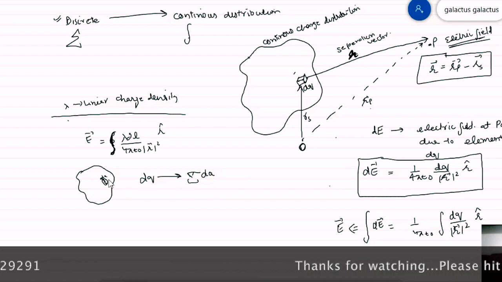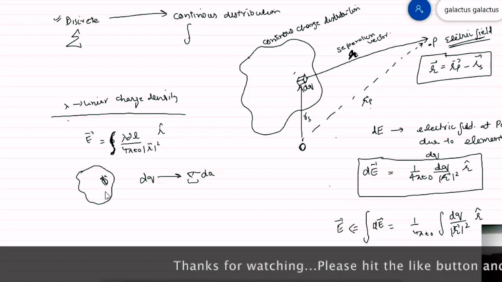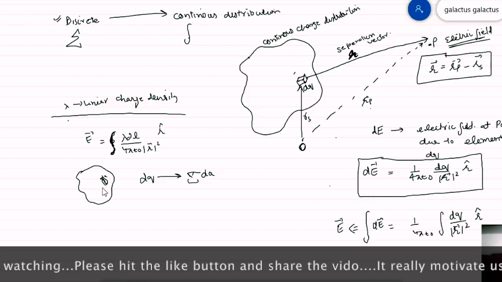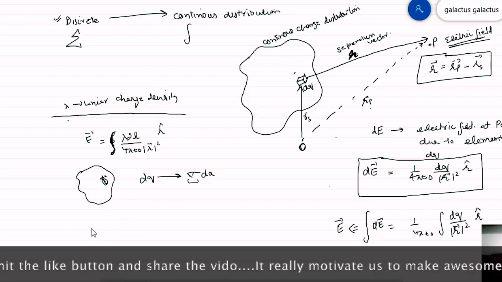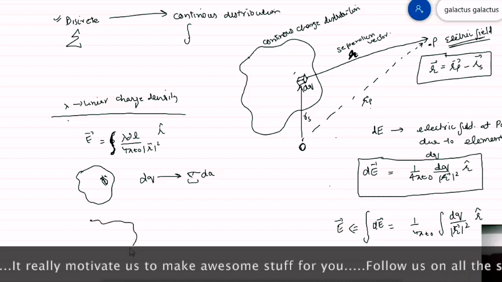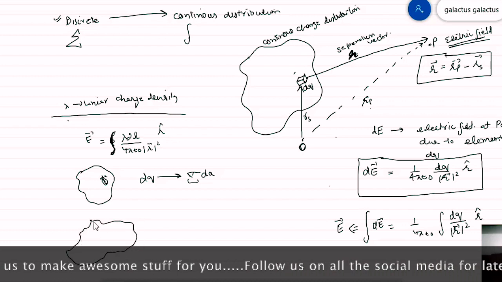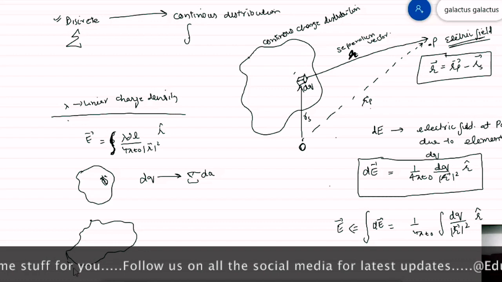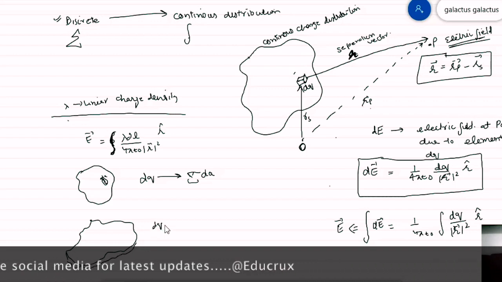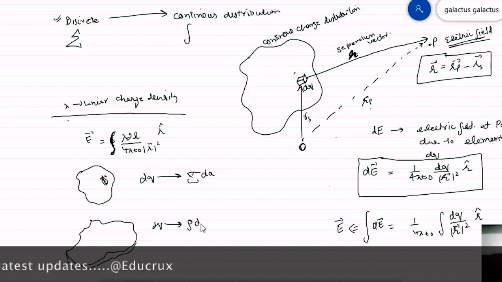If I know sigma, then I can calculate the charge in the small area dA. And if my charge is distributed over a volume, so it's a bulk distribution, then I have to replace my dq with rho dV.